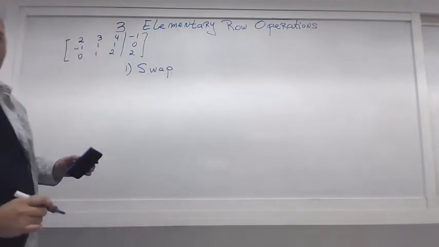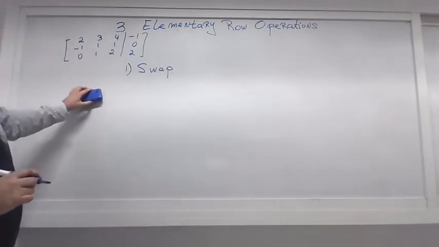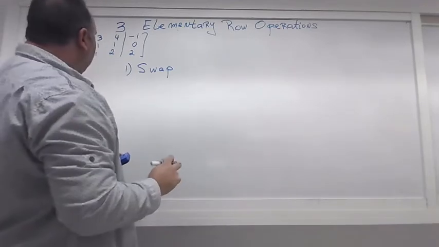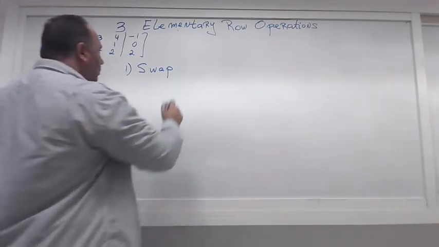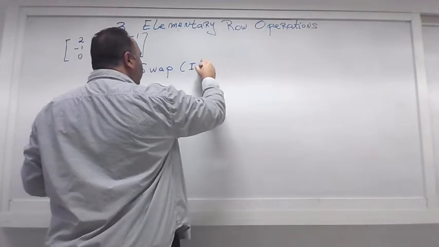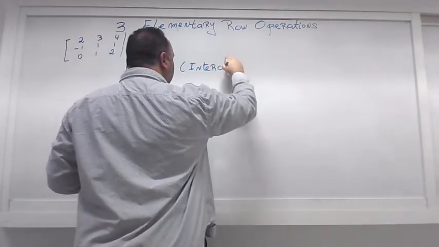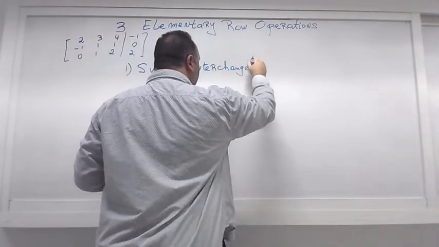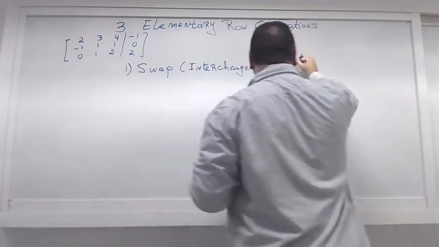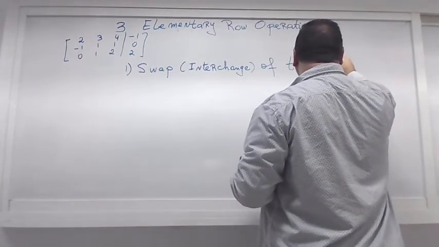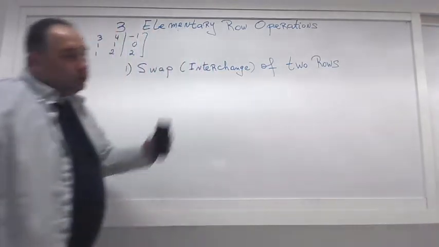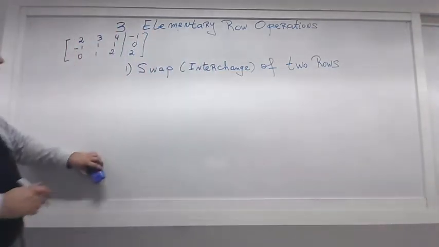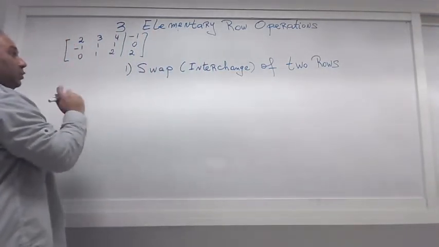They have a very sophisticated expression: interchange of two rows. Which one? Well, you choose whichever one, it doesn't matter. The question is what is useful.